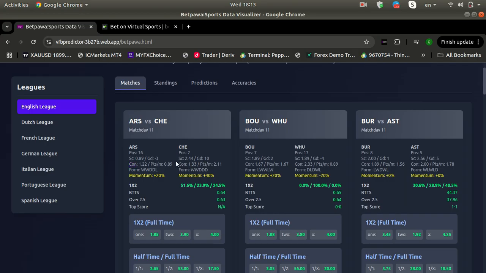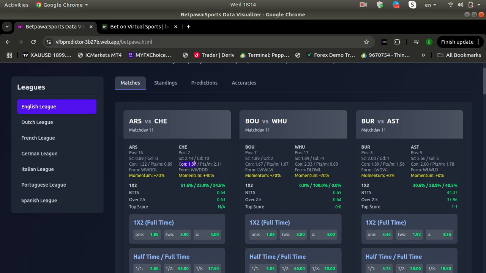Although Chelsea scores a lot, it also concedes 1.33 goals per match. Also Arsenal, although it doesn't score often, concedes 1.22 goals per match. Basically both teams concede roughly 1 goal per match.